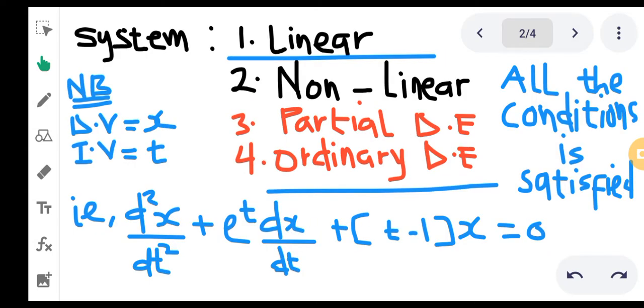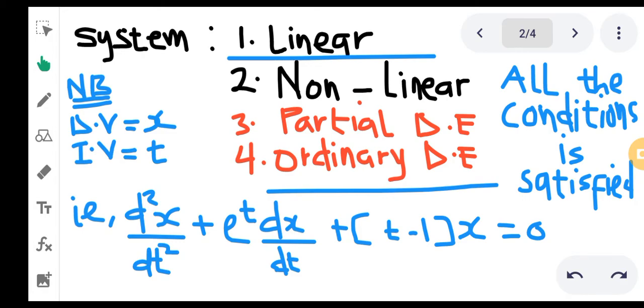So what we are trying to say is that a system can be linear, it can be non-linear, it can be a partial differential equation or an ordinary differential equation. So whenever we say systems in differential equations, just note linear or non-linear, partial or ordinary.